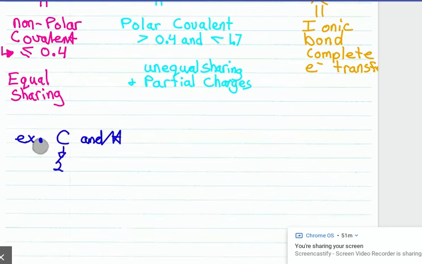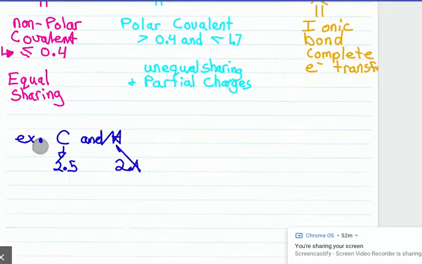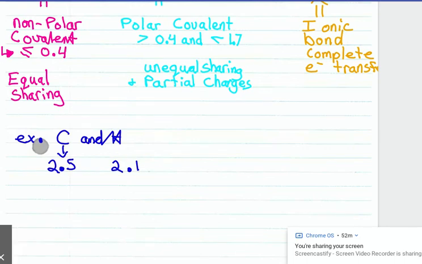And hydrogen was a 2.1. So if we look at the difference, 2.5 subtract 2.1 equals 0.4. So 0.4 is in the nonpolar range. So this is a nonpolar covalent bond.